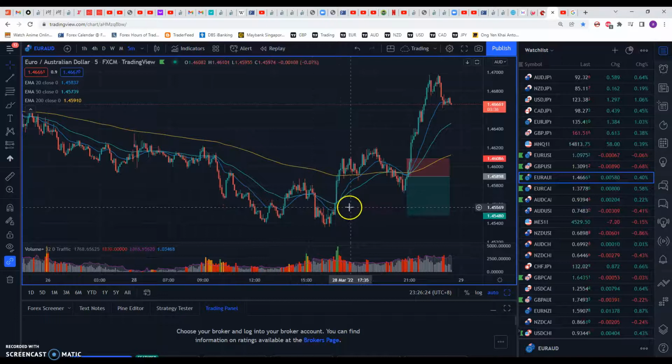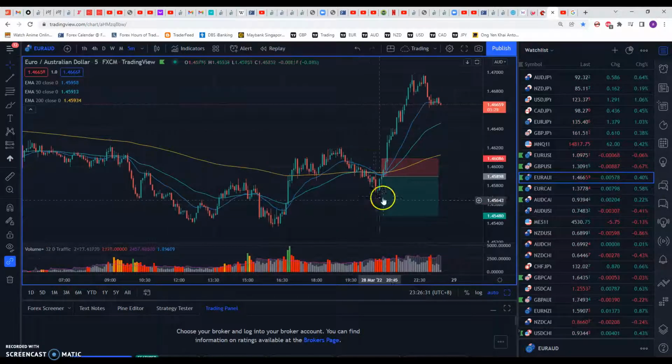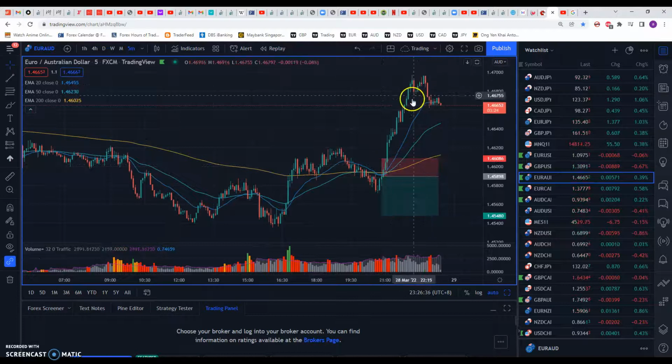I was aiming to get it at least to this low over here, but then price quickly reversed and just took me out.